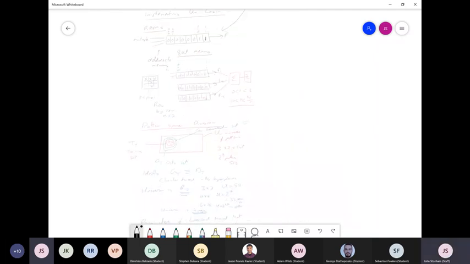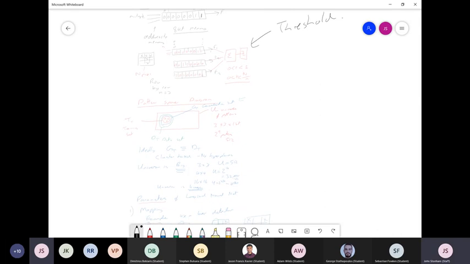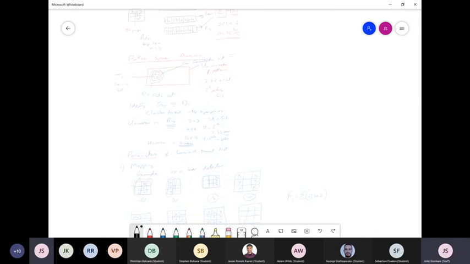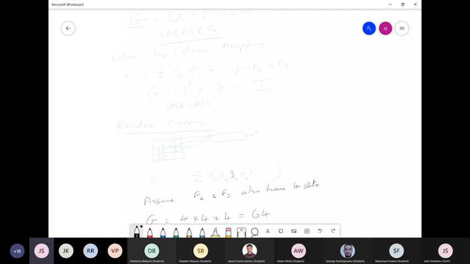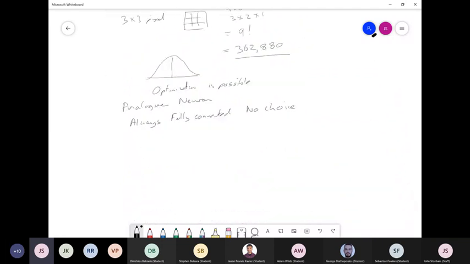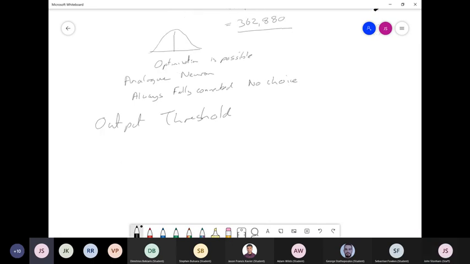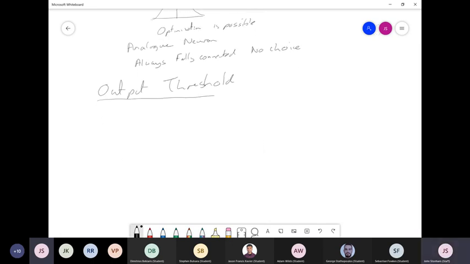Yes, there we are. The next parameter to optimize is the threshold. So we've looked at the mapping. We're now going to look at the output threshold.